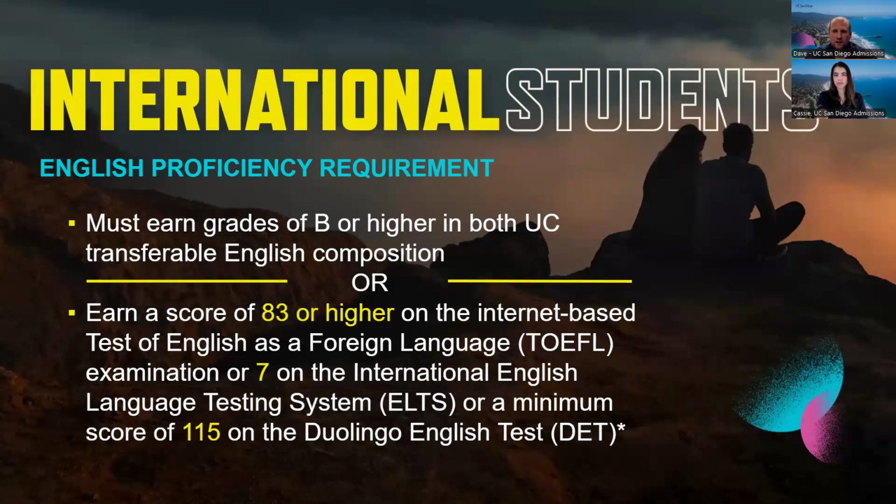You can see some of the test scores that we accept, including the TOEFL, the International English Language Testing System, or the Duolingo English test as well. We must receive your exam results by early January. So plan on taking your exam no later than December, which is coming right up. You can see all the minimum scores there for each of those tests.